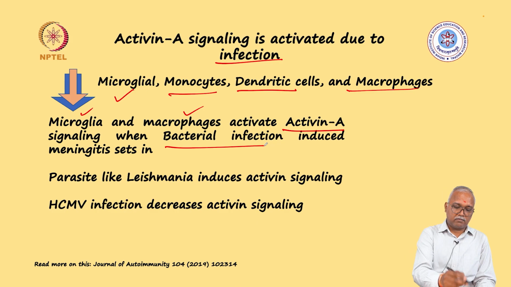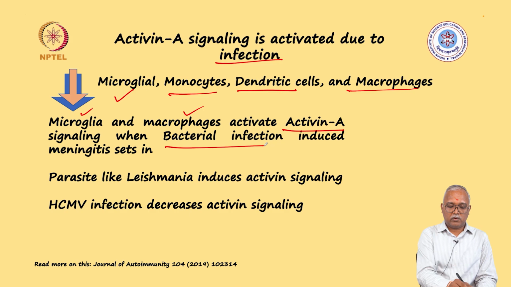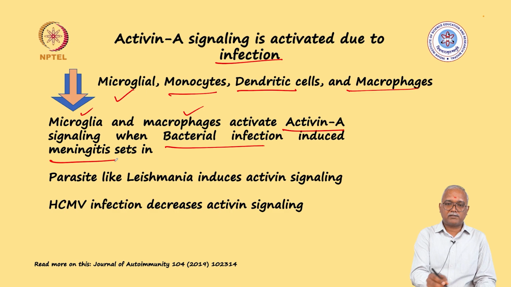Particularly in case of microglia, these are central nervous system cells. So when there is a bacterial meningitis, we understand that meninges are the membranes which cover the brain tissue. If there is an infection of bacteria in the meninges which induces inflammation, that's meningitis.